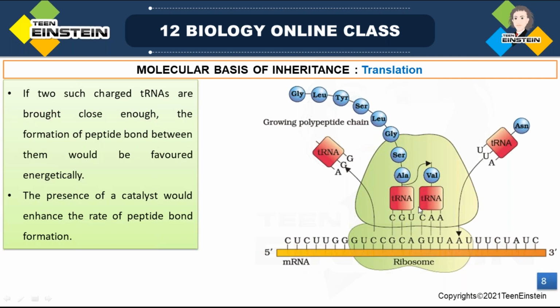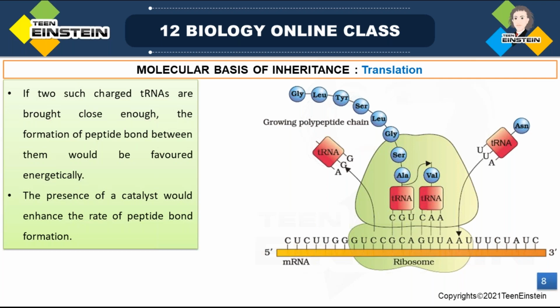When two charged tRNAs are brought together, if they are very near, the formation of that particular peptide bond will be very easy. If the distance is more, it will become difficult. So when they are brought nearby, the peptide bond formation between them will be favored energetically.